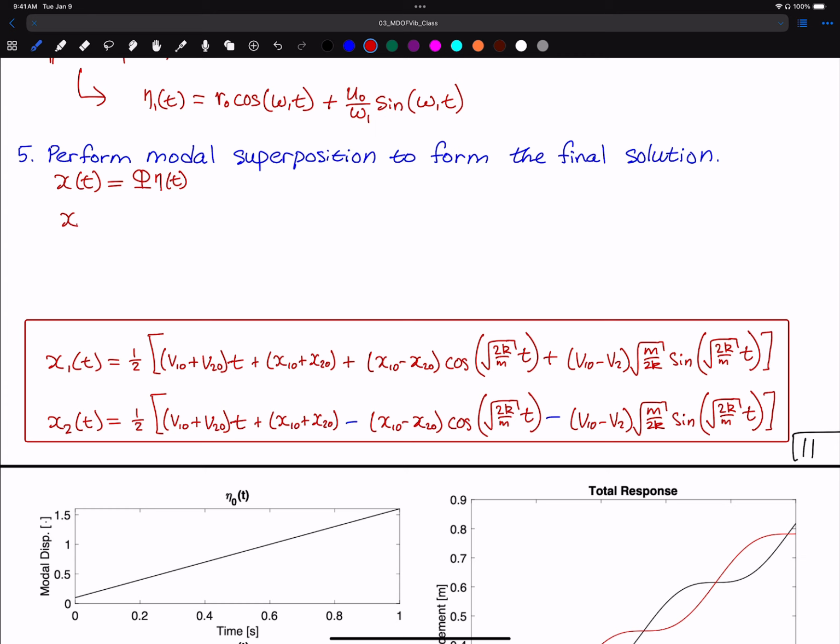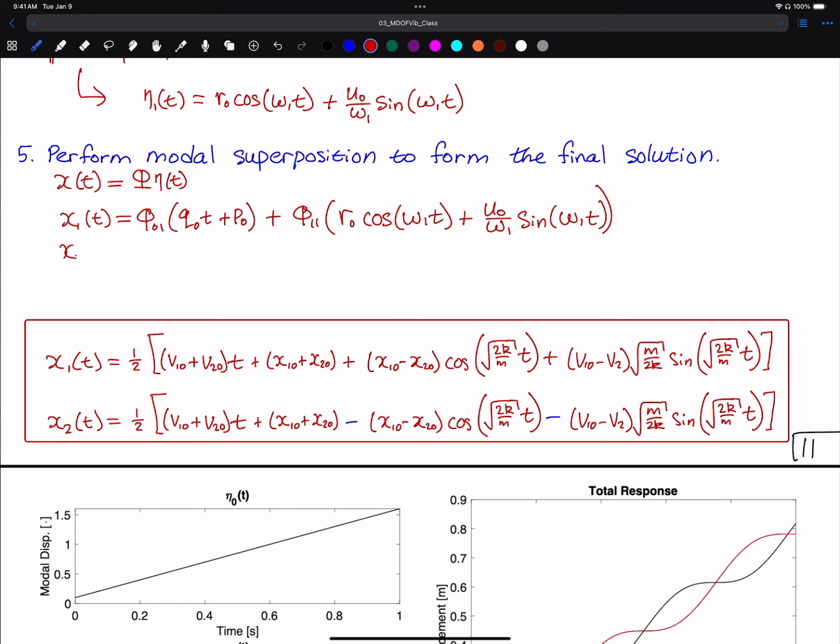If you were to expand this out, you'll end up with phi 0,1, that's the first component of the 0th mode, times q0t plus p0, plus phi 1,1, that's the first component of the first mode, times r0 cosine omega 1t plus u0 over omega 1 times the sine of omega 1t.